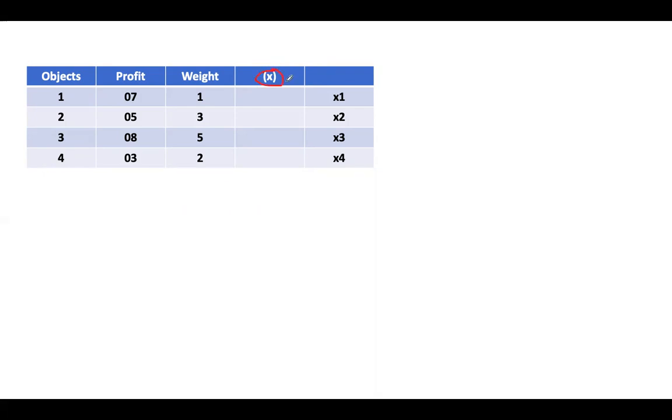See, x here indicates what quantity of these objects I will pick: x1, x2, x3, x4. So what is the quantity of these 4 objects I will consider? And that x value can be in the range of 0 to 1. It can even be a fraction.